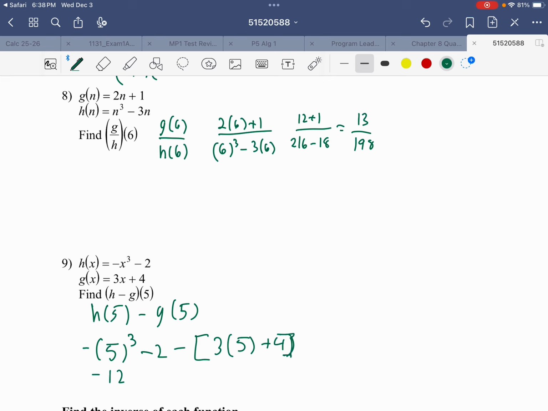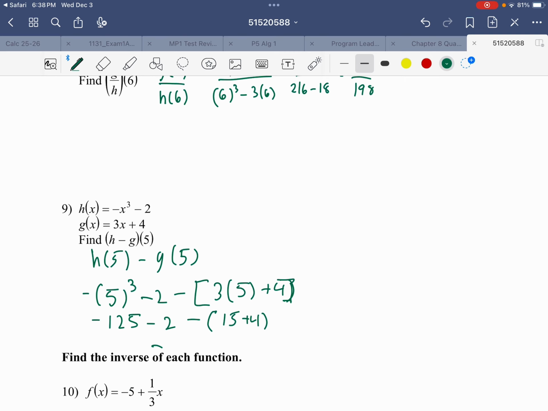So it's a negative 125, take away 2. And then we're subtracting 15 plus 4, or a negative 127 minus 19. So we get a negative 146.